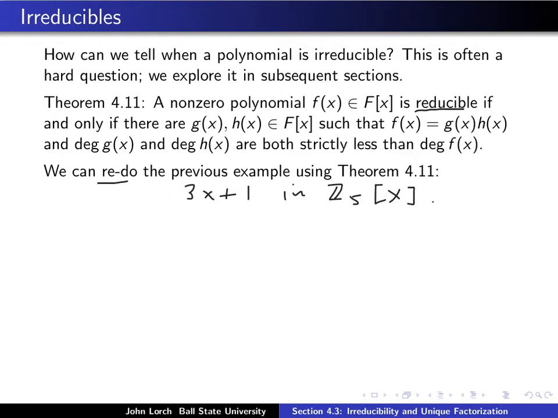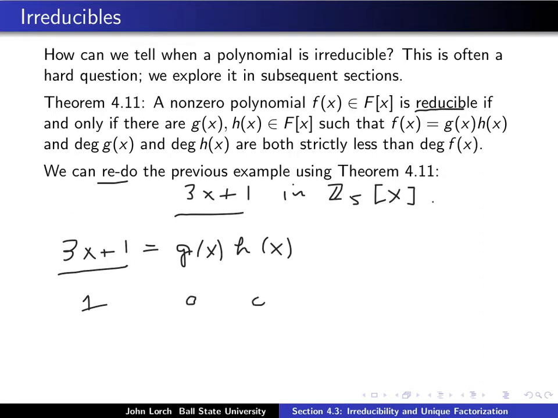So if 3x plus 1 were reducible, then we could write it as a product g of x times h of x, where both g and h would have degrees that are strictly smaller than the degree of 3x plus 1. But the degree of 3x plus 1 is 1, and that would force the degree of g to be 0 and the degree of h to be 0.